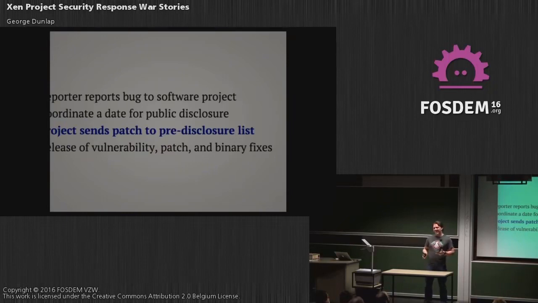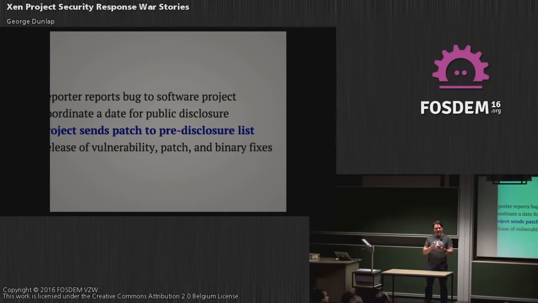Now, historically, this list would have only been distributions, or maybe distributions plus software vendors who are repackaging the software. But with the rise of cloud computing, many end users effectively get their software neither from the upstream project nor from distributions, but from the service providers. So waiting to make a public announcement until distributions had binary fixes wouldn't help users of, say, Amazon or Rackspace.